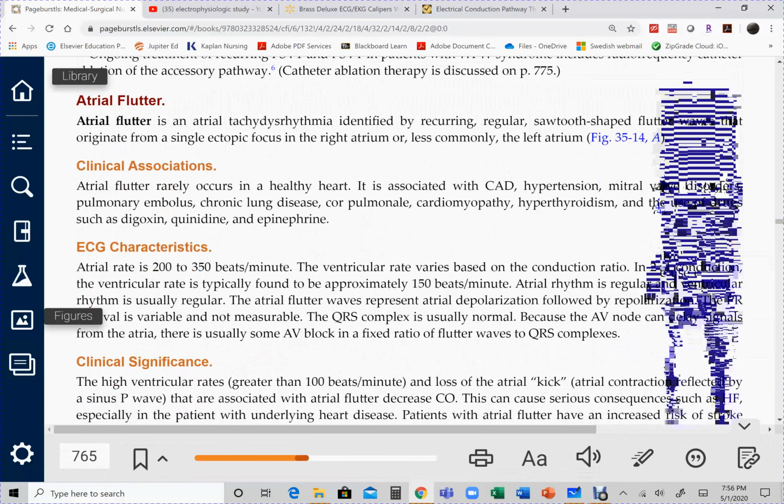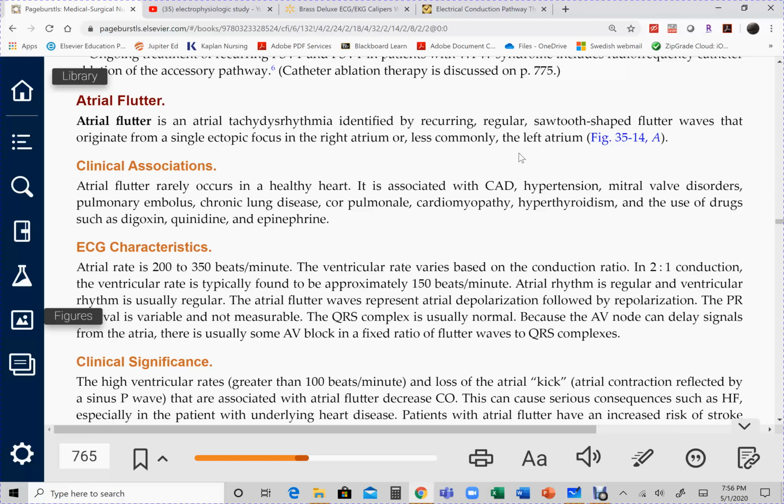A flutter. So I'll let you look up. I don't want to give you nausea or headache by scrolling up too fast. A flutter is different from Afib, although similar. This one has a very distinct sawtooth appearance, meaning there are no P waves, obviously.